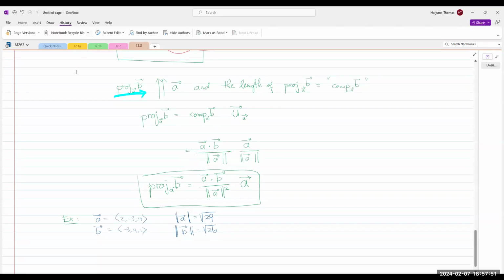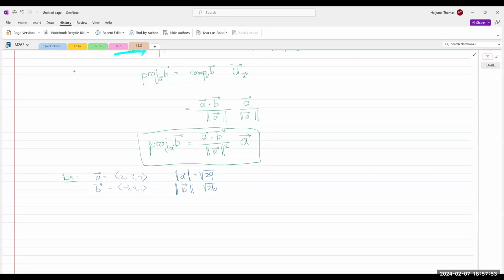Now then, how do we compute? To compute component and projection, we need to do the dot product first. So dot product will be -6, -12 plus 4, that's -14. So component of vector B onto vector A is the dot product over the magnitude of the screen, the receiving part.